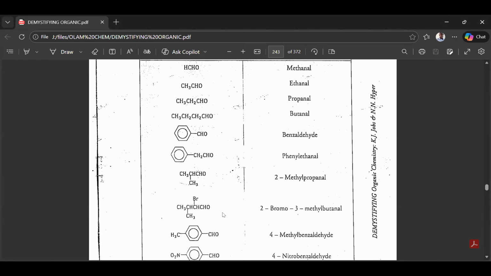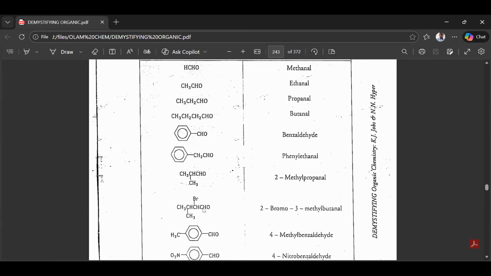So what you have to do, we said in our first rule, we identify the longest continuous chain. Of course, the longest continuous chain we are identifying here should have the functional group of the aldehydes. So right here, we're going to have 1 carbon, 2, 3, 4. Then if you are to count from this side, it will be 1, 2, 3, 4. Now we are counting right from where there is the functional group.